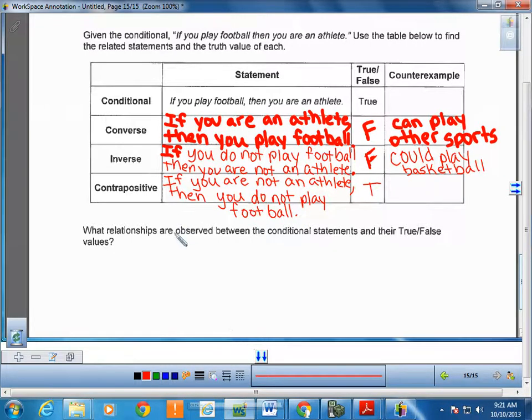What relationships are observed between the conditional statement and their true-false values? All right, look at your conditional statement. Your converse and your inverse were false. Your contrapositive was true.